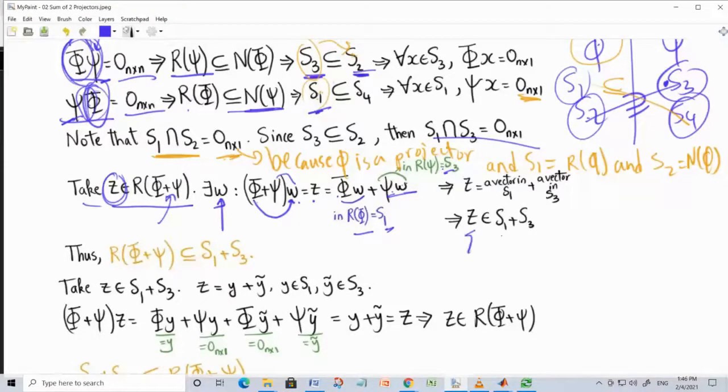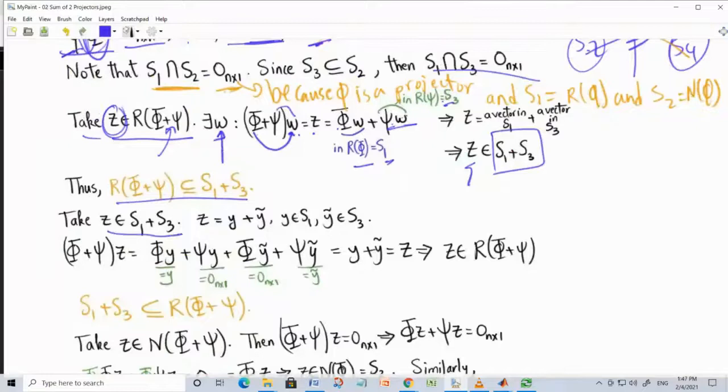So it means that z belongs to S1 plus S3, which is a notation to denote the subspace, the set of vectors that can be expressed as 2 components, one of them in S1 and the other in S3. So we have this inclusion.